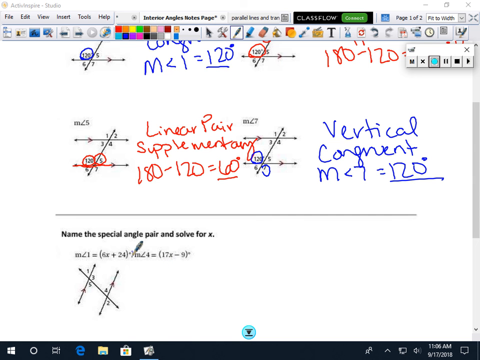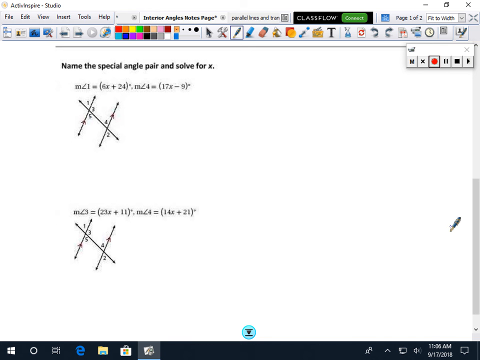On the next set of questions here, we want to name the angle pair, and then we want to solve for x. Looking at this first one, it tells me that the measure of angle 1 is 6x plus 24, and the measure of angle 4 is 17x minus 9.